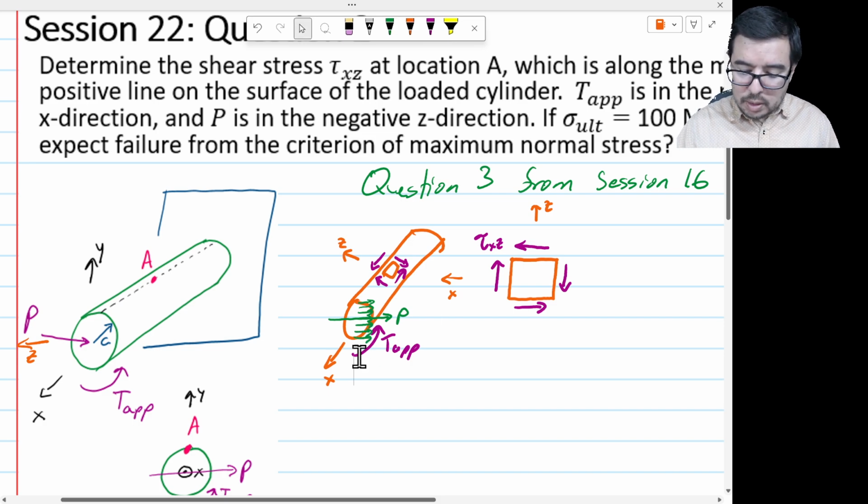Because this would be the neutral axis along here with that transverse load P. You could think of all these little boxes having traction vectors on them, or little shear stresses acting on them along that surface, and that's going to continue along that cylinder.